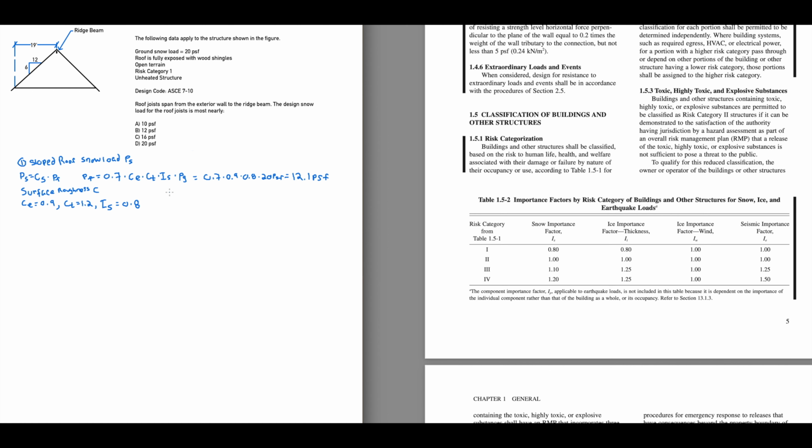So we want to find that sloped roof snow load, PS, is equal to, well, what is CS? Well, we have to figure that out from figure 7-2.